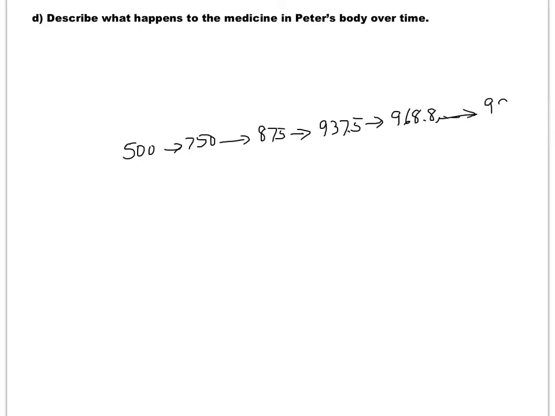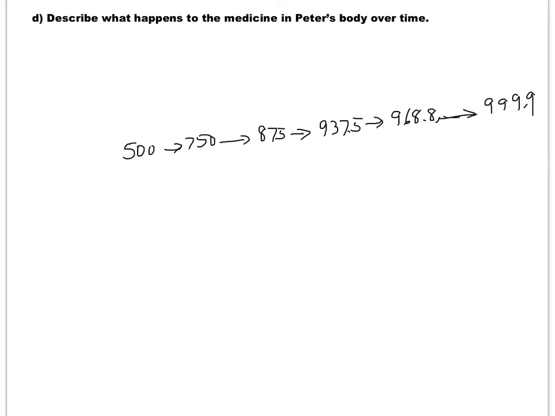The last part of the question says, describe what happens to medicine in Peter's body over time. As you can remember, we started with 500, then we went to 750, then 875, then 937.5, then 968.8, and this continued until I got to 999.9.